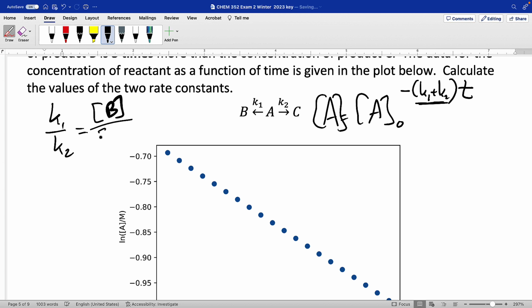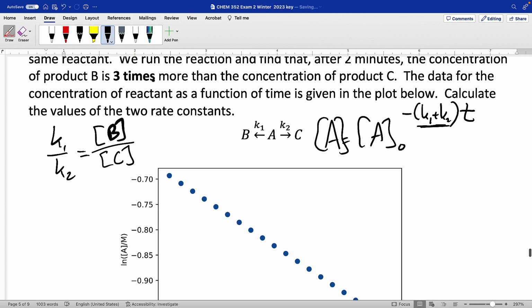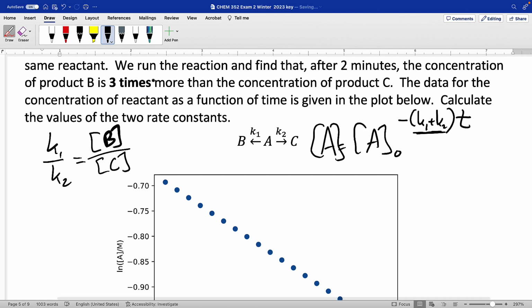So if we look at the concentration, as long as we start off with no B and C, so it's an even race, right? B and C are 0 and they're only coming from A, then this ratio of k1 to k2 is equal to the ratio of B to C. And that is the key to this problem, because we said the concentration of product B is 3 times bigger than the concentration of product C. So another way of saying it is there's 3 times more B, so the reaction that produces B is 3 times faster.